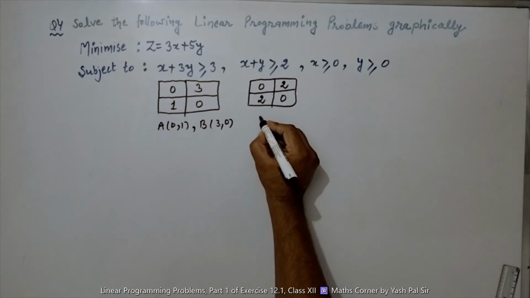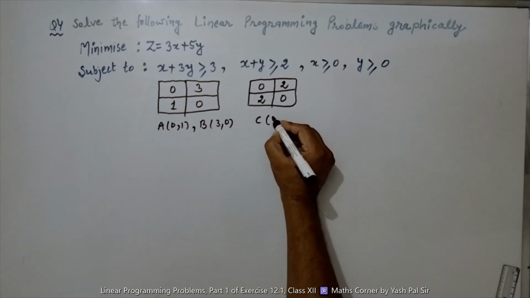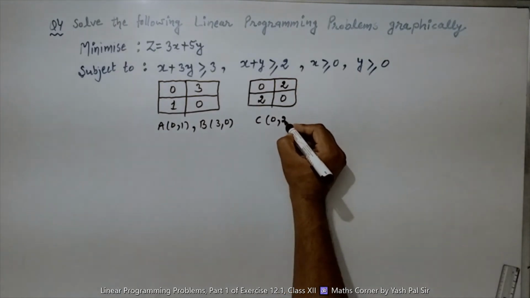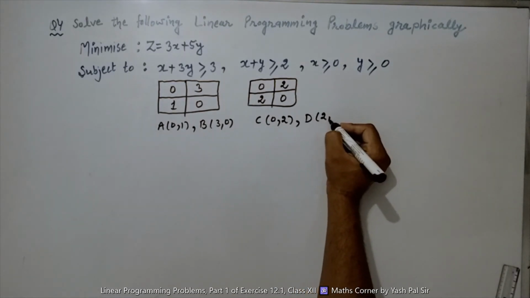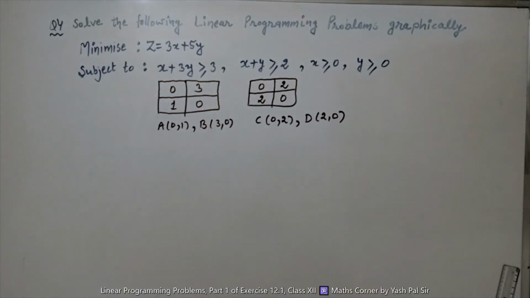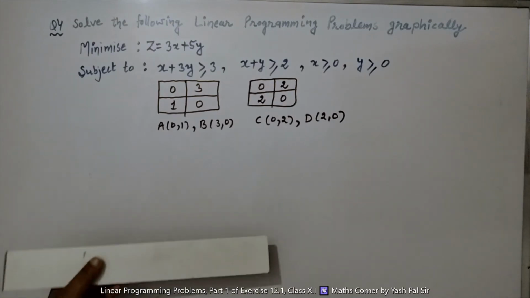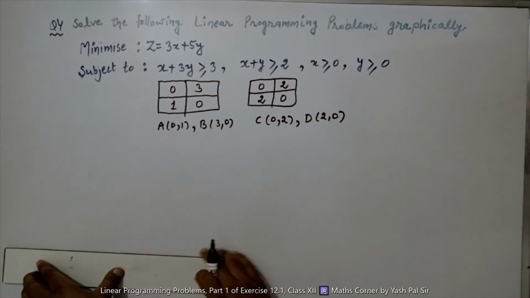When y is 0, x is also 2. So C point is x is 0, y is 2, and D point is x is 2, y is 0. Right? So accordingly we are going to draw the graph.